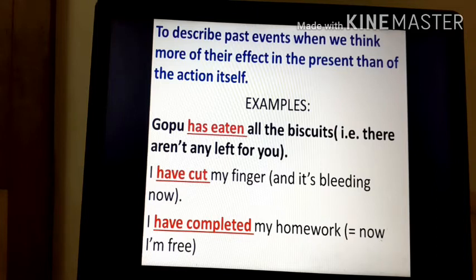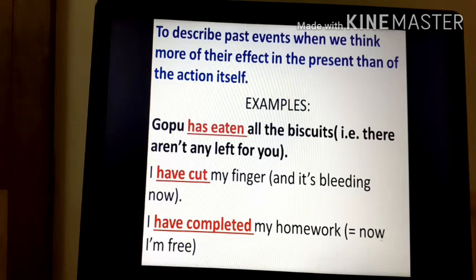So, whenever we are describing any past event, we are thinking more of the effect in the present than of the action itself. I have completed my homework. You can well imagine this sentence, as you often say this to your mom.